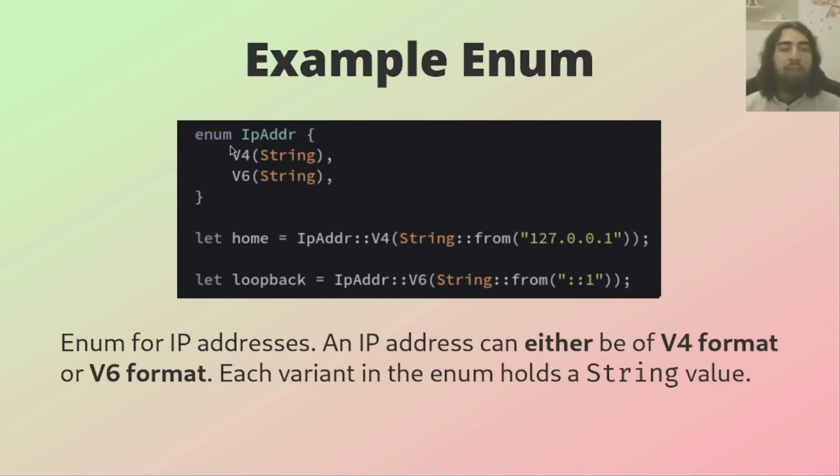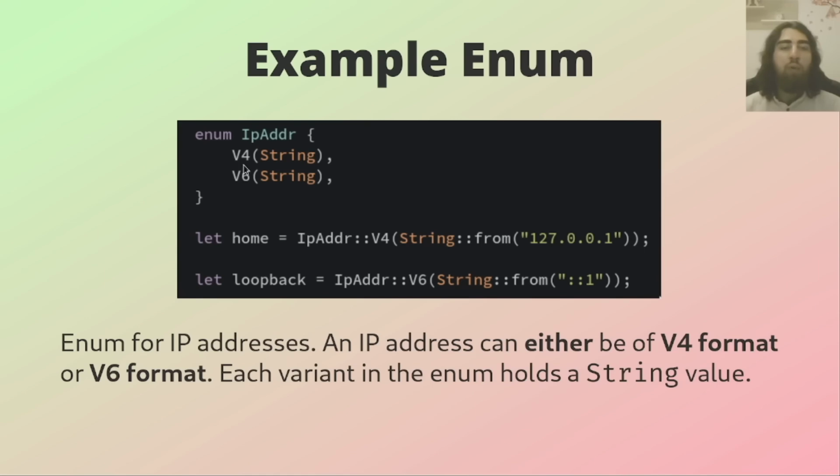So we have here the enum IP address, and this enum holds two variants. So in enums we call it variants and not fields like in structs. And each variant over here holds a type using tuple-like syntax. All right. So an IP address, by the way, can be in either one of two formats.